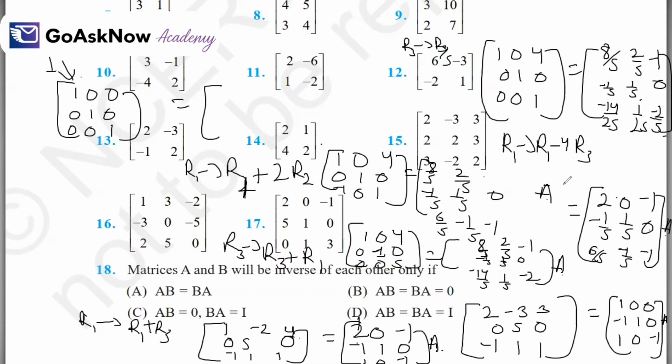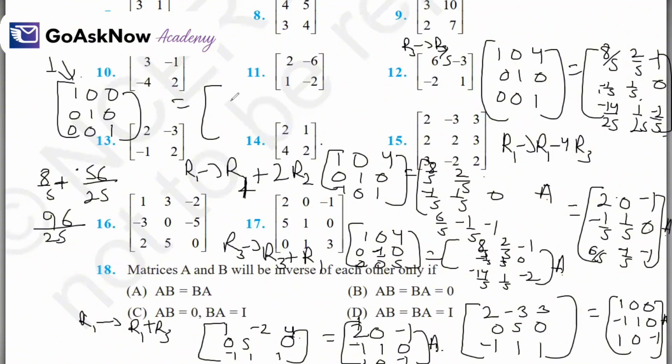So what you will get here is 8 by 5 minus or plus sign here, 4 into 14 by 25. So here you will get 56 by 25 plus 8 by 5. You will get 25 in the denominator, and here you will get 96.